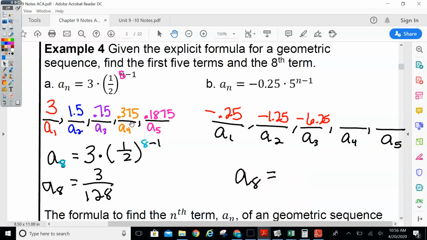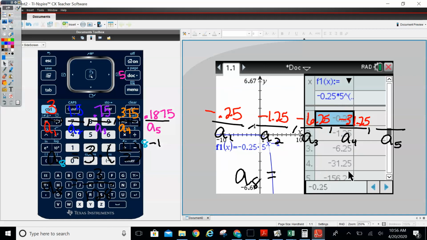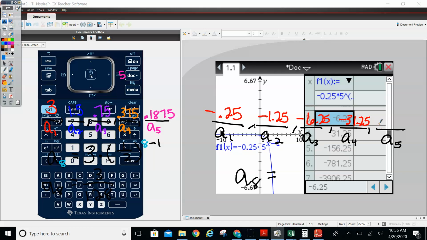Negative 31.25. And the fifth one is negative 156.25. And then it wants me to go all the way to number 8.